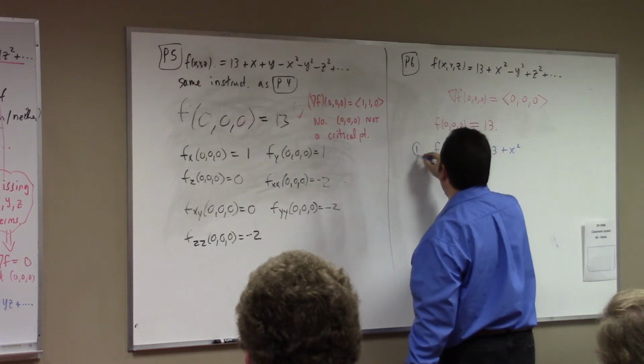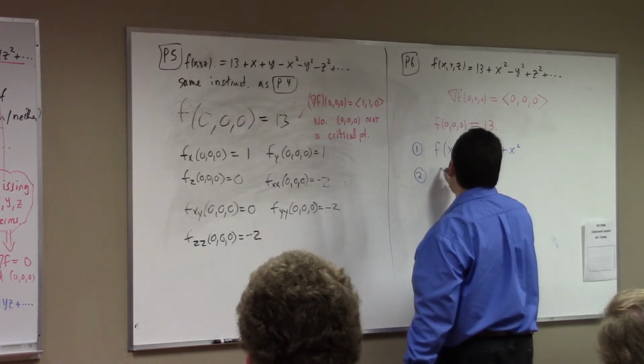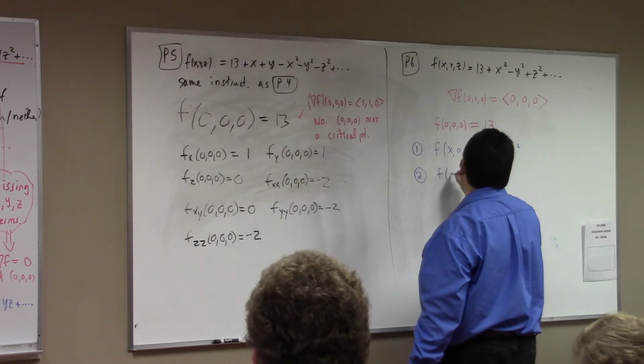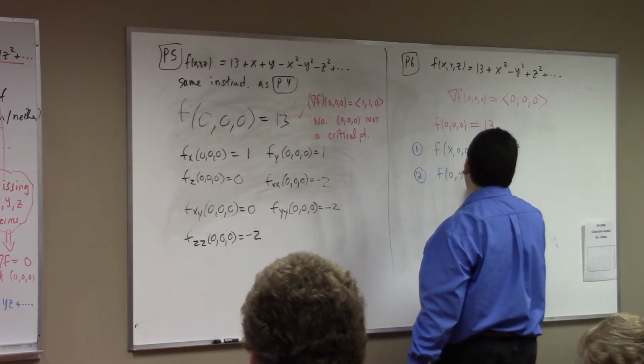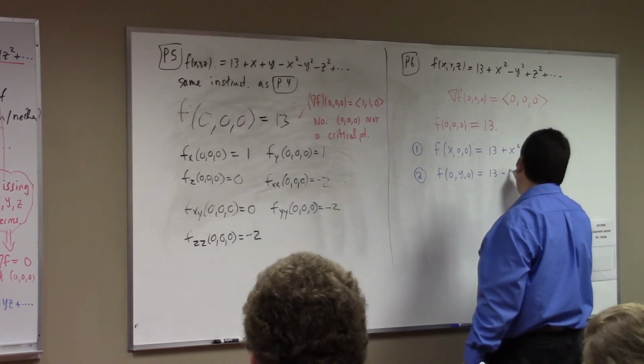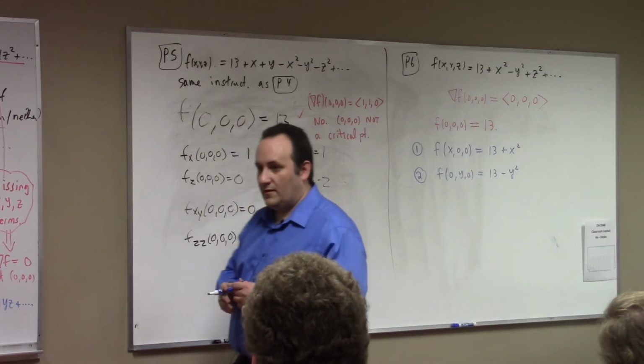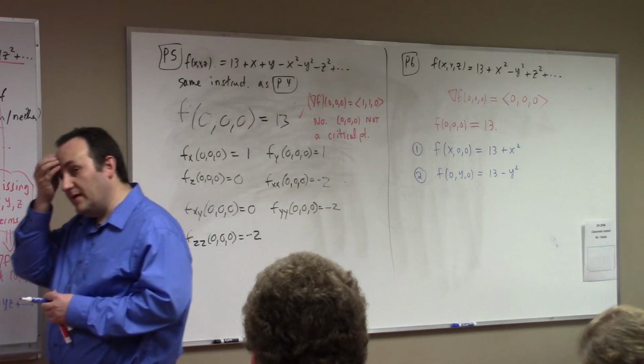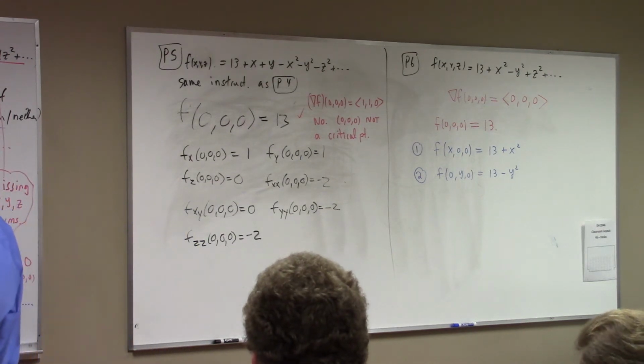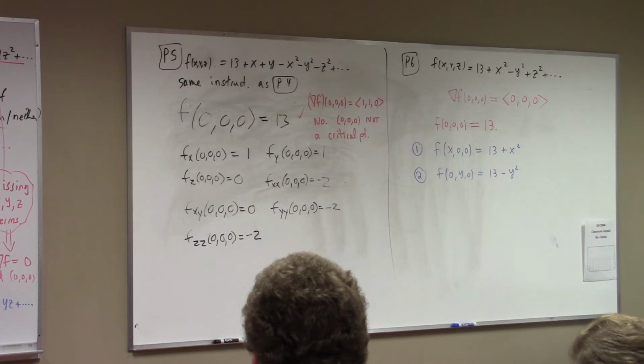Exhibit number 1. Exhibit number 2. If we look at f of 0, comma, y, comma, 0, what do we get? 13 minus y squared, right? So if I fix y and z to be 0 and change the x, I increase the values of the function along that direction.